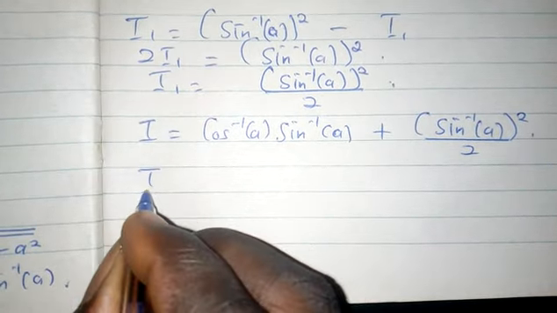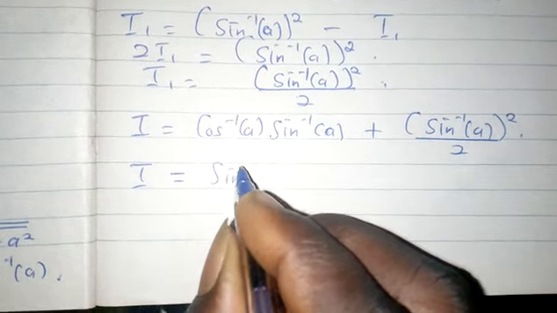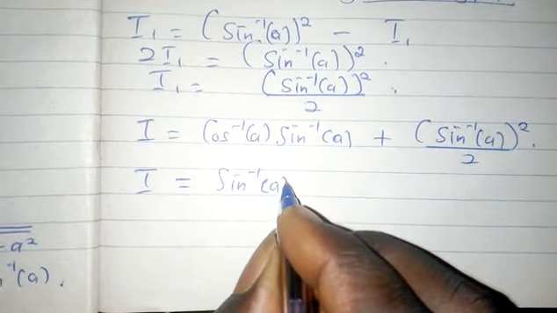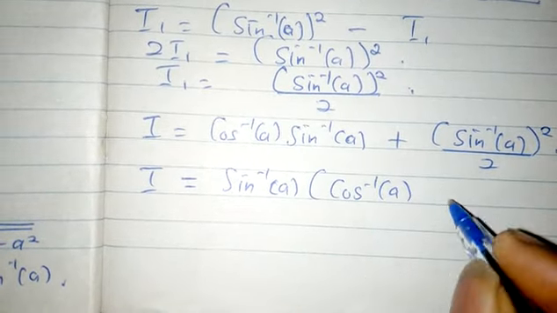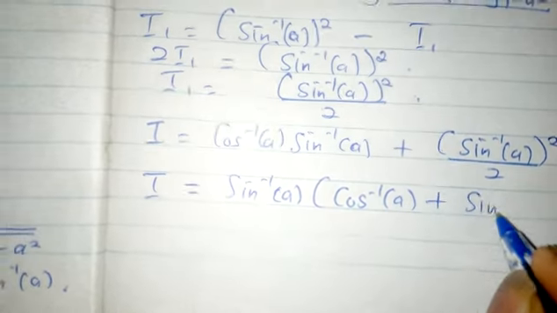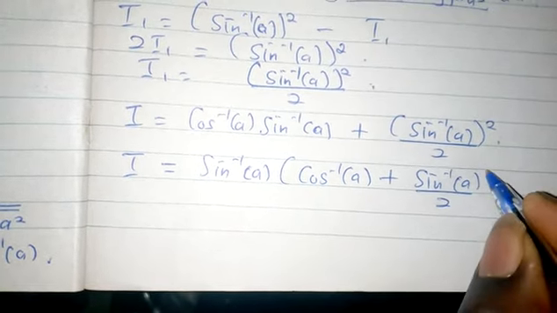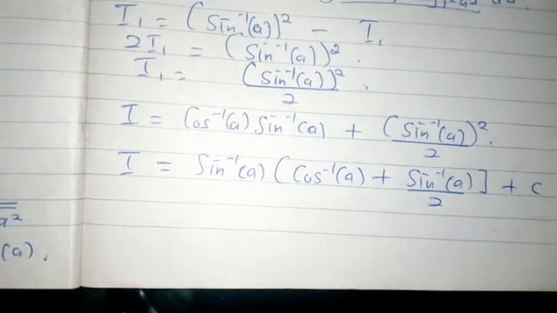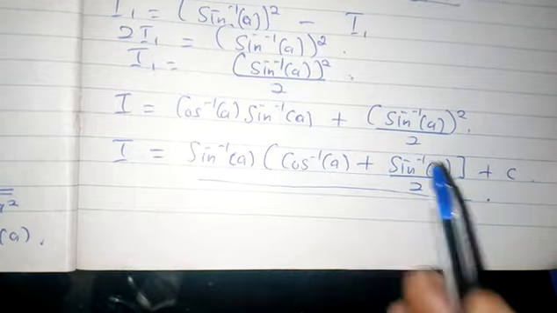So my I is equal to sine inverse of a bracket cos inverse of a plus sine inverse of a over 2, plus c.